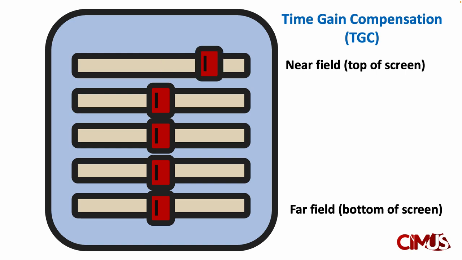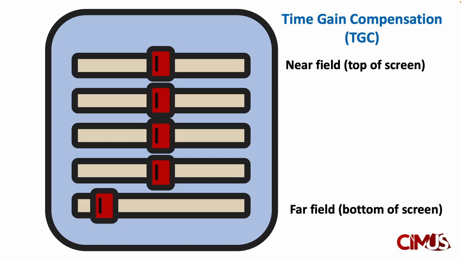And any sliding of buttons or turning the knob to the right will increase gain. And in this example, only the near field gain is increased. Whereas sliding the button to the left will decrease gain. So in this example here, only the far field gain is decreased.